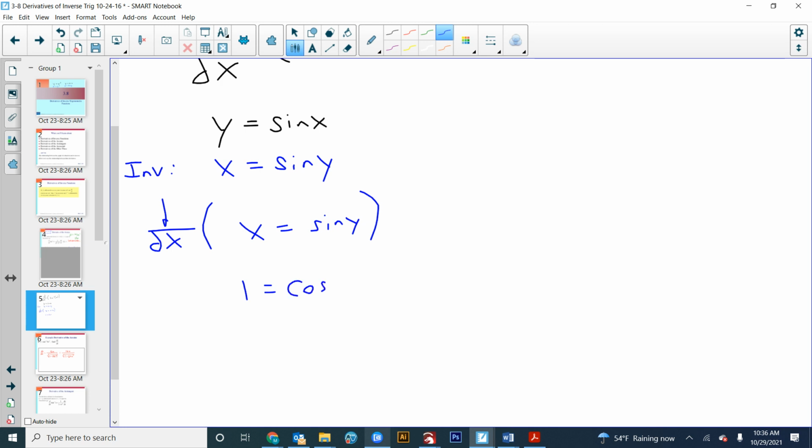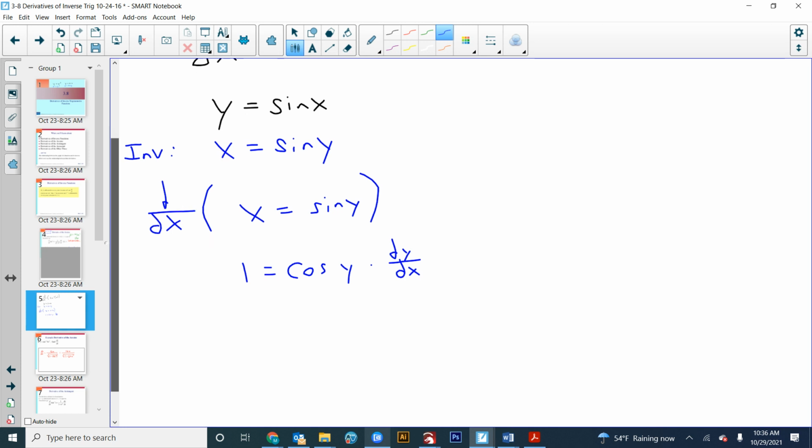Cosine y times dy dx. Ooh, an implicit derivative. Makes sense. We just did implicit differentiation, didn't we? So dy dx is 1 over the cosine of y. Do you agree?